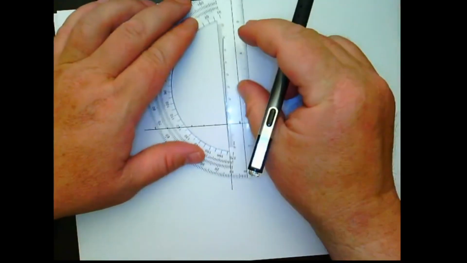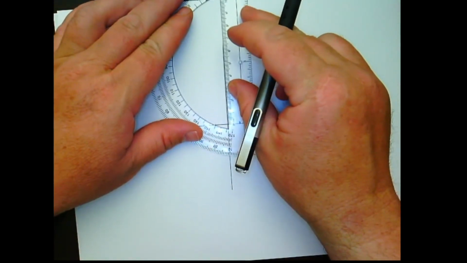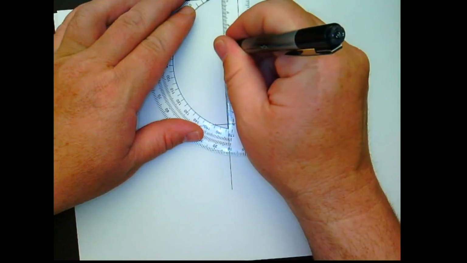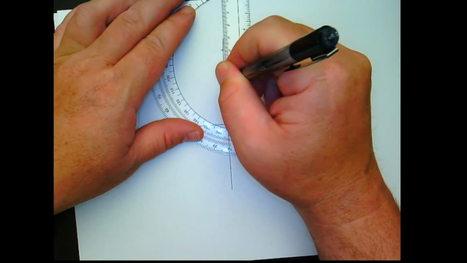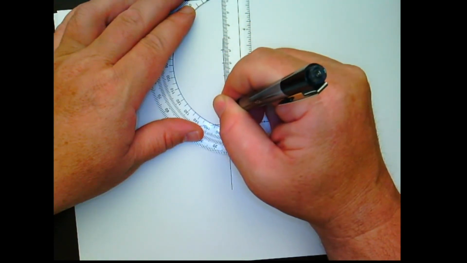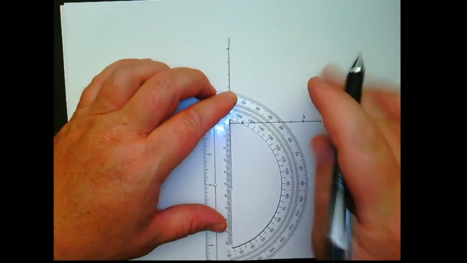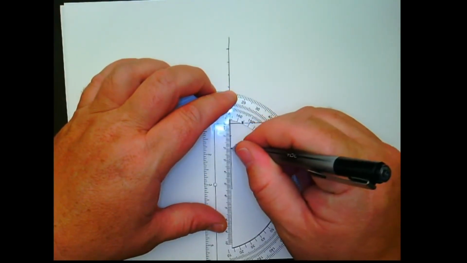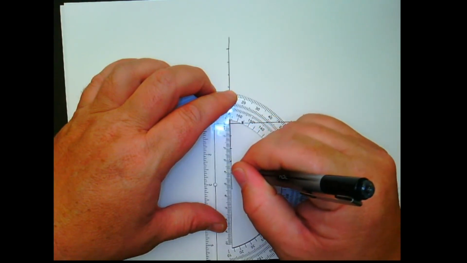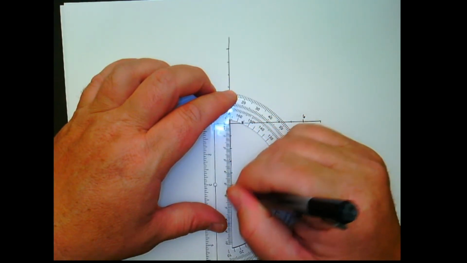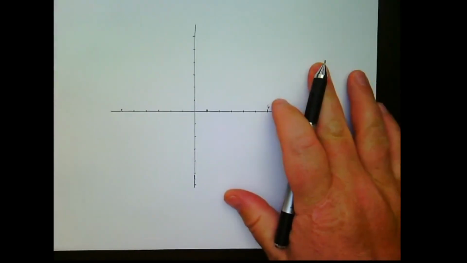All right, let's go up. I'll start this way: 6, 5, 4, 3, 2, and of course 1. It turns out for this one we don't even need to go to the negatives, but we're going to do it anyway. 1, 2, 3, 4, 5, and we didn't even make it to 6.